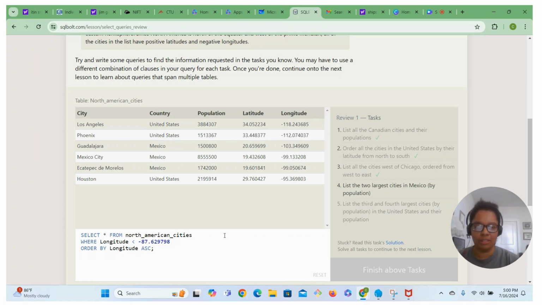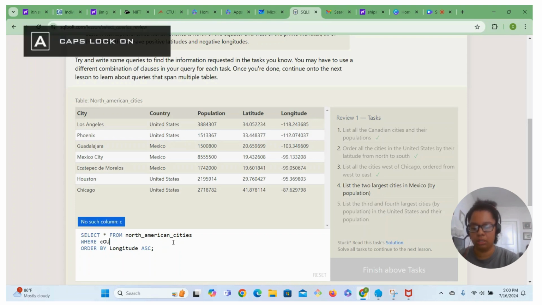Okay. The next one says list the 2 largest cities in Mexico by population. So again, we're going to leave this the same way that we have it. We're going to be changing this, of course, to list the countries, because we're now talking about Mexico.